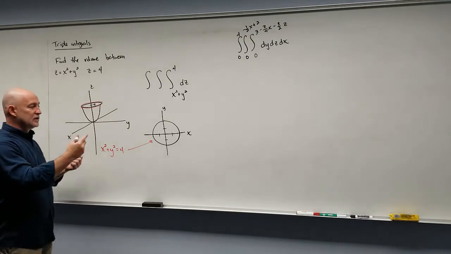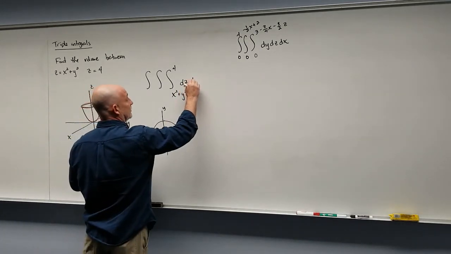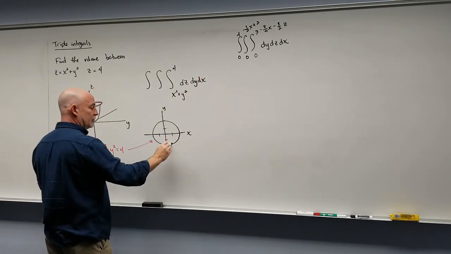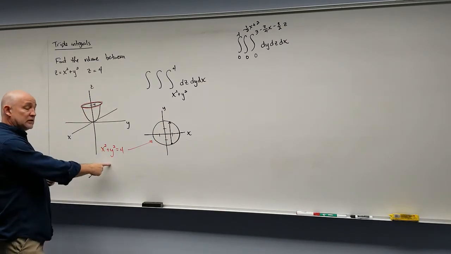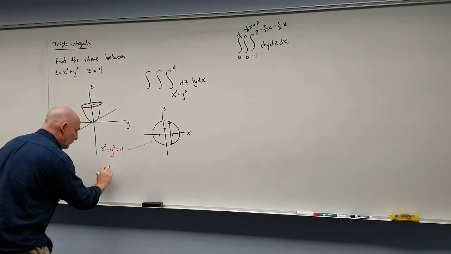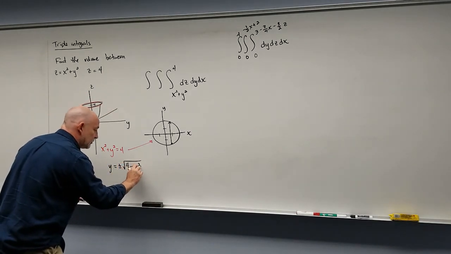Okay, since this is symmetric, it really doesn't matter whether we do dx dy or dy dx. I'll do dy dx here. What does y run from in this region? Well, it runs from the bottom of this circle up to the top of the circle, which means I need to solve for y. When you solve for y, you get plus or minus the square root of 4 minus x squared.